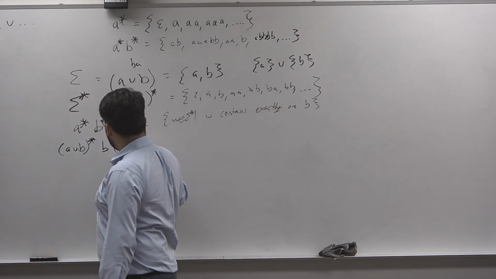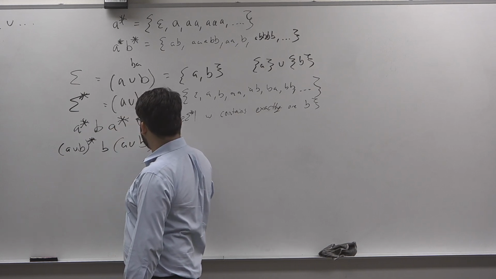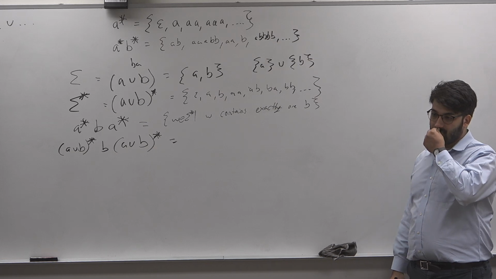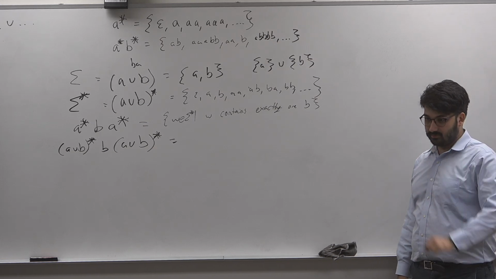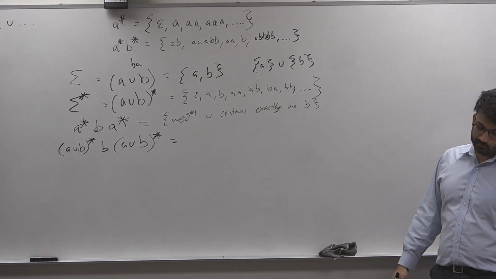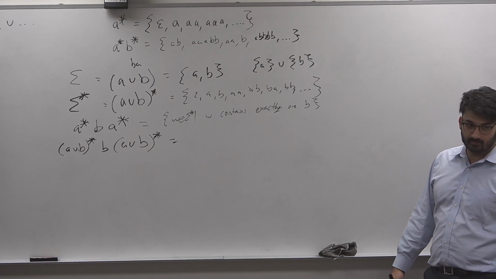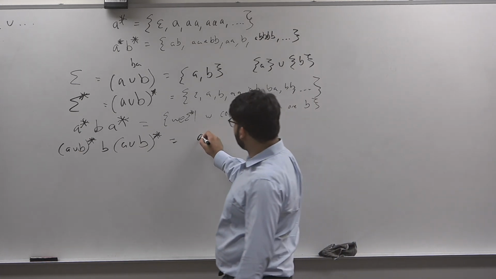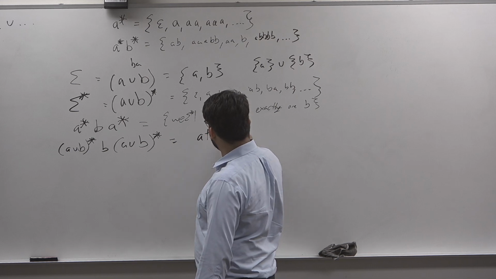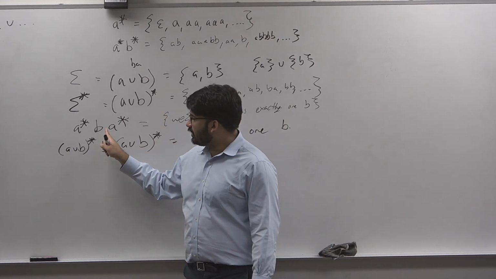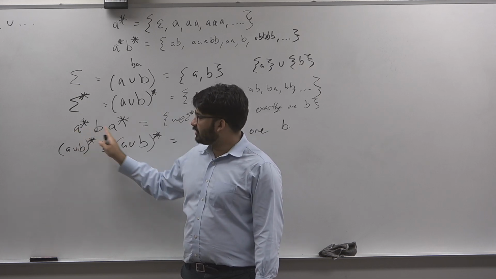What about A union B star, B, A union B star? Strings containing at least one B. The difference between these two is that here a B is fixed, but no B's can appear before or after it.